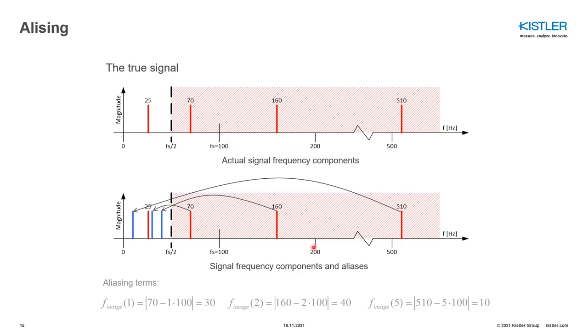So we will be measuring 200 minus 160, which is 40, and the same for 500, and the difference between 500 and 510, and that is 10 Hertz. So we have those aliasing terms coming in since we have a sampling frequency which is not high enough, and we will be measuring those frequencies which are actually false frequencies.